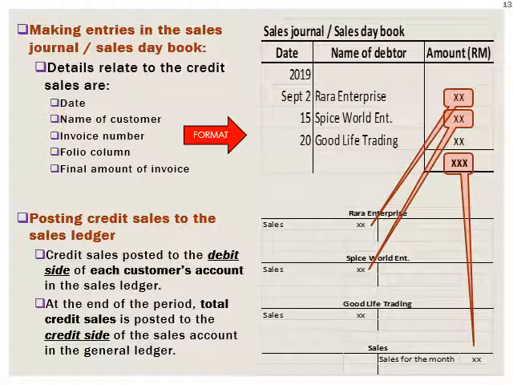We will have the Rara Enterprise T account, Spice World Enterprise T account, and Good Life Trading T account. As for the sales transactions, the double entry will be debit debtor, credit sales. So for all the debtors T accounts, we will record the sales amount on the debit side. Whereas for the sales account, we will only record the total amount of the sales on the credit side of the sales account. This is how we post from the sales journal to the sales ledger.